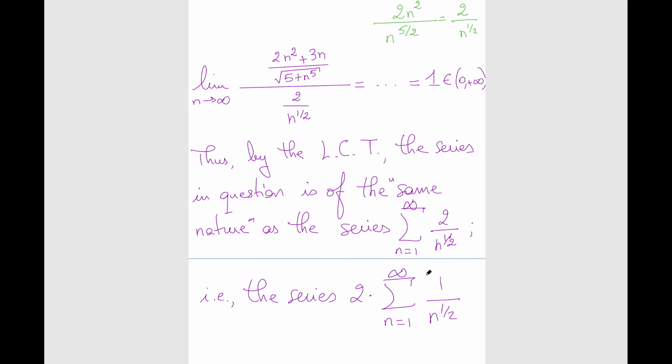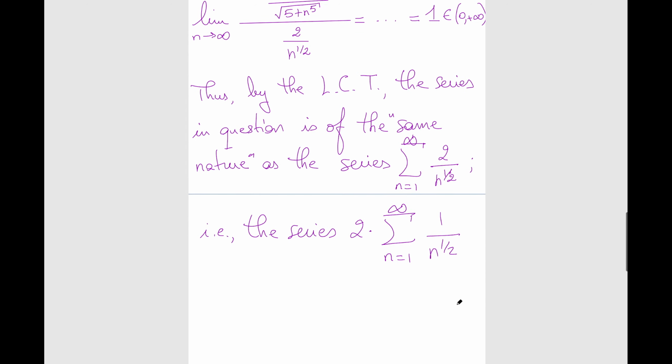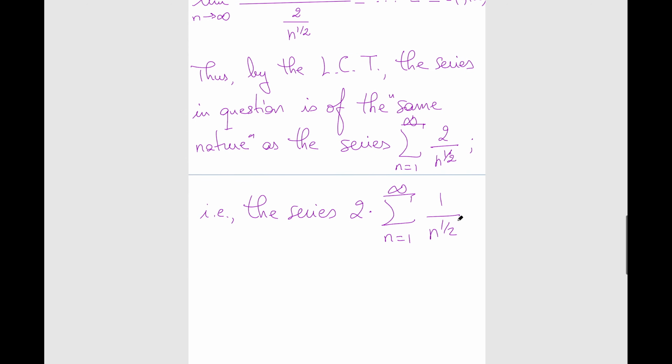Well, this is a series that's going to diverge by the p series test. This is a p series whose p is half, and this is divergent. However, this is a divergent series.